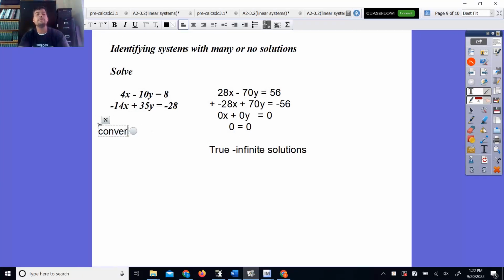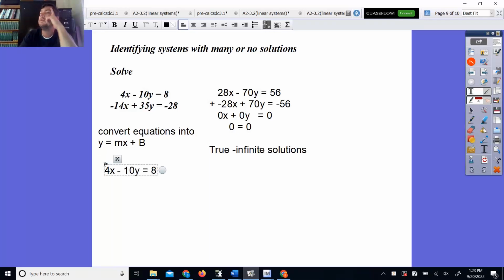Let's convert the equations into y equals mx plus b. So we'll start with 4x minus 10y equal to 8. What do you want to move to the right-hand side? So negative 10y is a negative 4x plus 8.